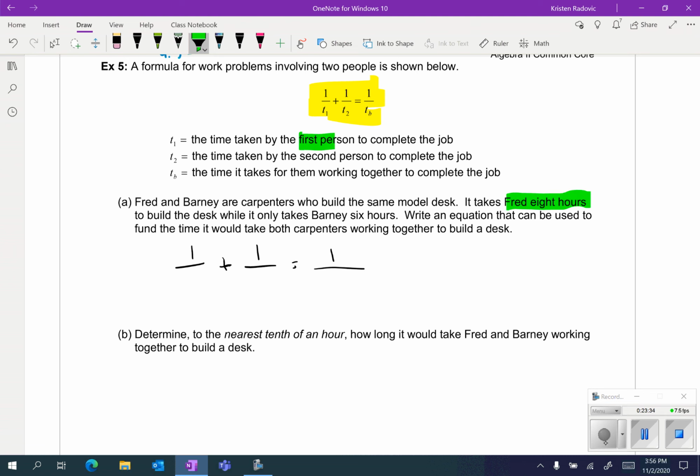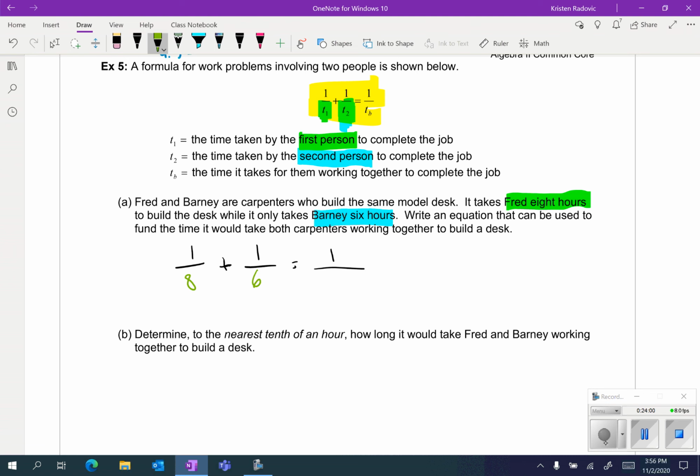This is the first person. So I'm going to put an 8 on the bottom. Then we're going to read the next one. The next person, it takes Barney 6 hours. Well, T sub 2 is the time for the second person. So I'm going to put a 6 on the bottom.